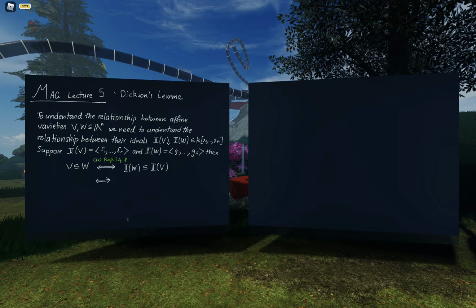Now, the ideal IW, if it's generated by the Gj's, IW is contained in IV if and only if all those generators are.